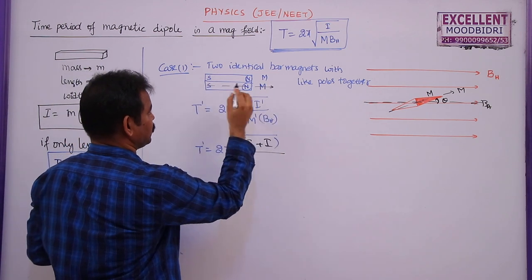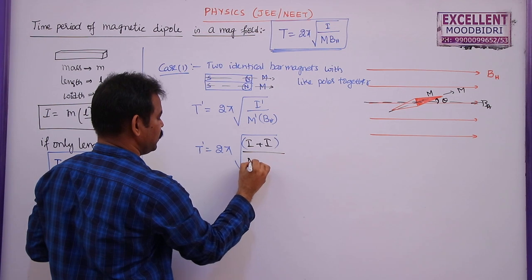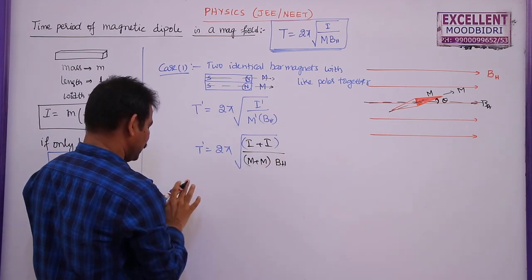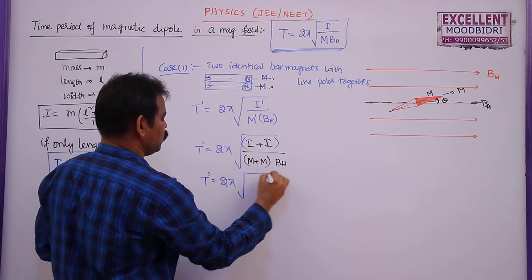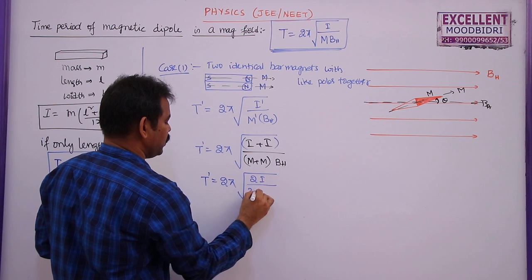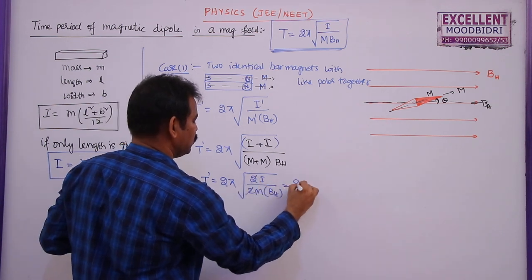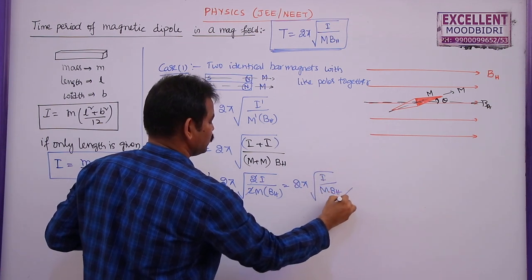For this m is acting like this, for this also m is acting like this. The resultant magnetic moment is m plus m into bh. So what is T dash now? T dash is equal to 2 pi root 2I by 2m into bh, 2 gets cancelled, 2 pi root I by mbh.